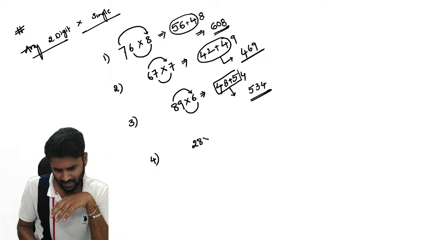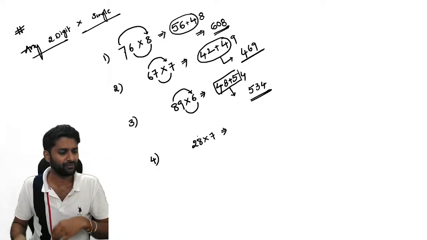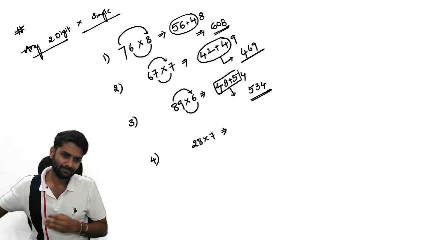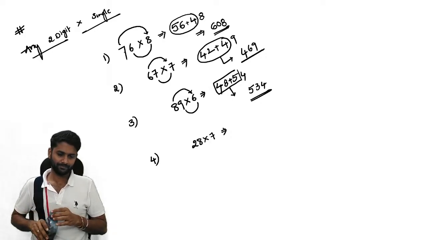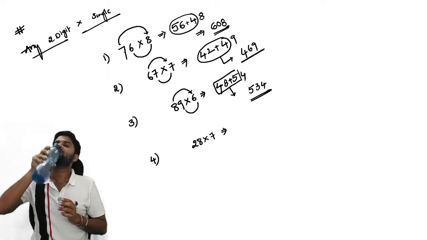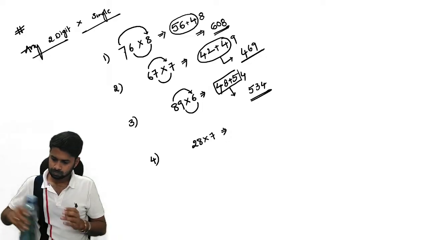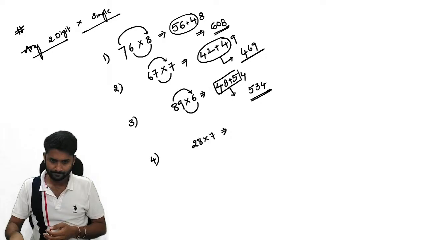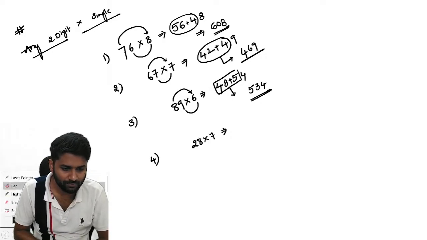Now I will give some time, guys. Try to answer this question. If 28 is multiplied with 7, what is the answer? 28 into 7.